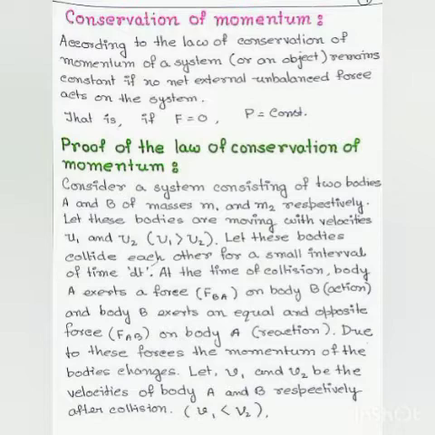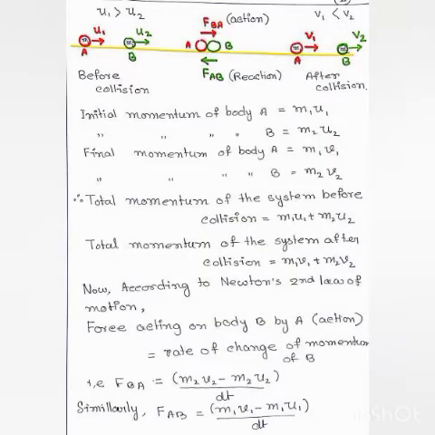And let v1 and v2 be the velocities of body A and B respectively after collision, where v1 is less than v2. So, initial momentum of body A is m1u1 and initial momentum of body B is m2u2.